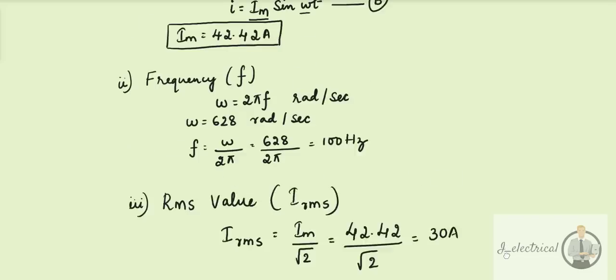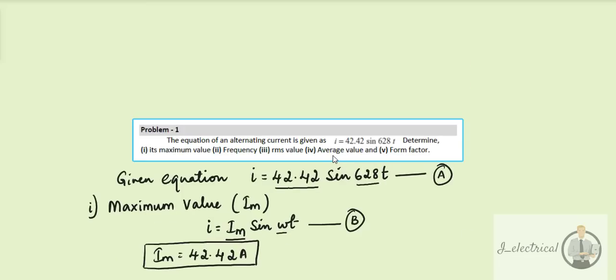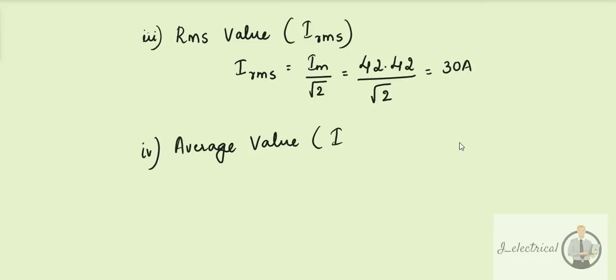Fourth one, I need to find the average value, which is denoted as I average. Again, I'll go with the relationship between average value and maximum value. So I average is equal to 2 by pi into Im.